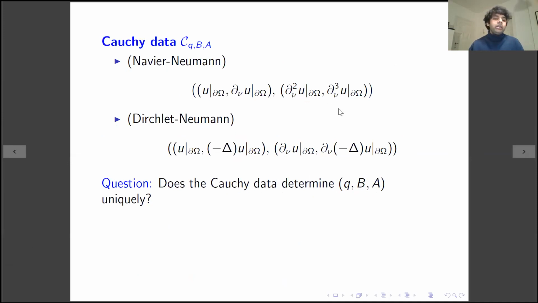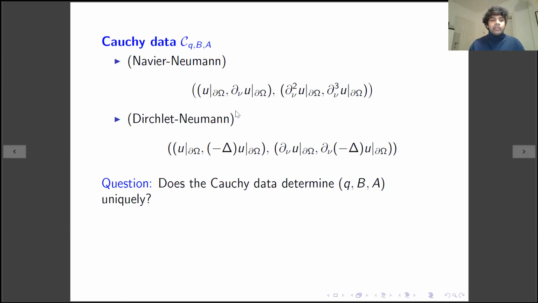That's one possibility. Another possibility is that we can also solve this biharmonic problem with u restricted on ∂Ω and ∂_ν u restricted on ∂Ω, and then the corresponding Neumann map would be Δu restricted on ∂Ω and ∂_ν Δu restricted on ∂Ω.